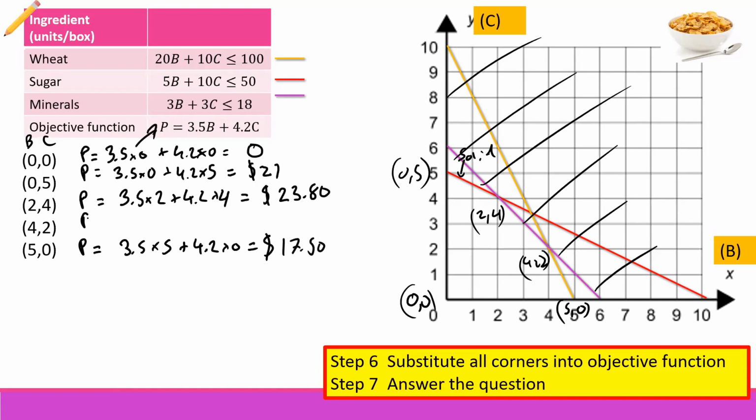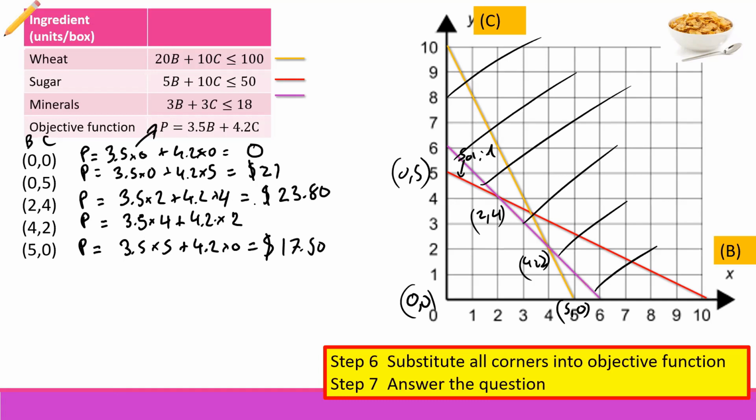And then what if, instead of going full bran fan, I thought, well, actually, let's sacrifice one of the boxes of bran fan to make some sugar so that I can get some more Cocoa Crunch. So $3.50 times 4 plus $4.20 times 1 times 2.